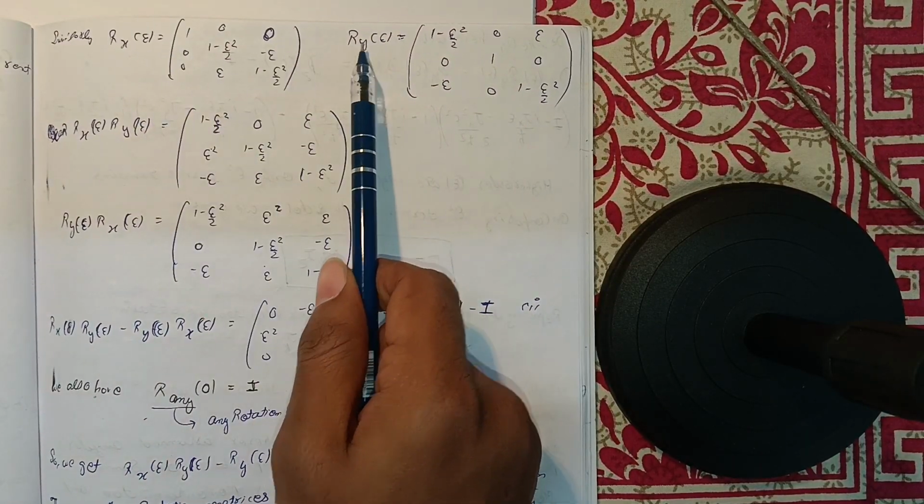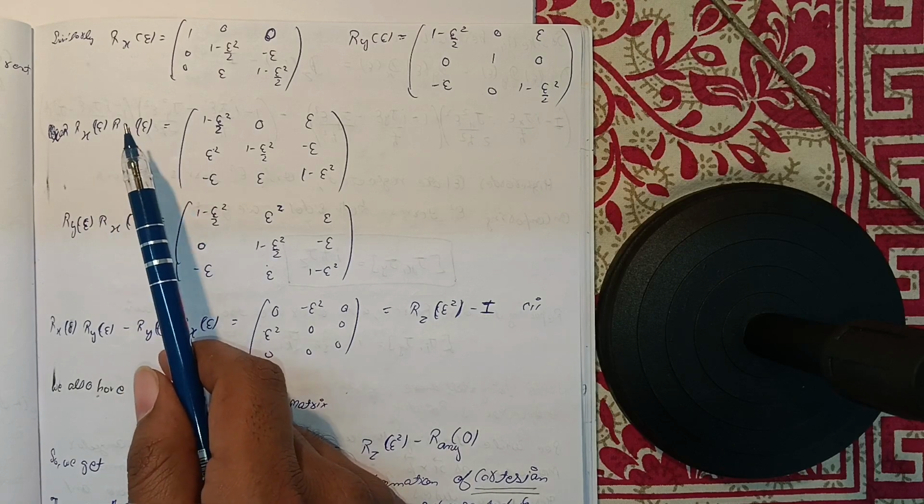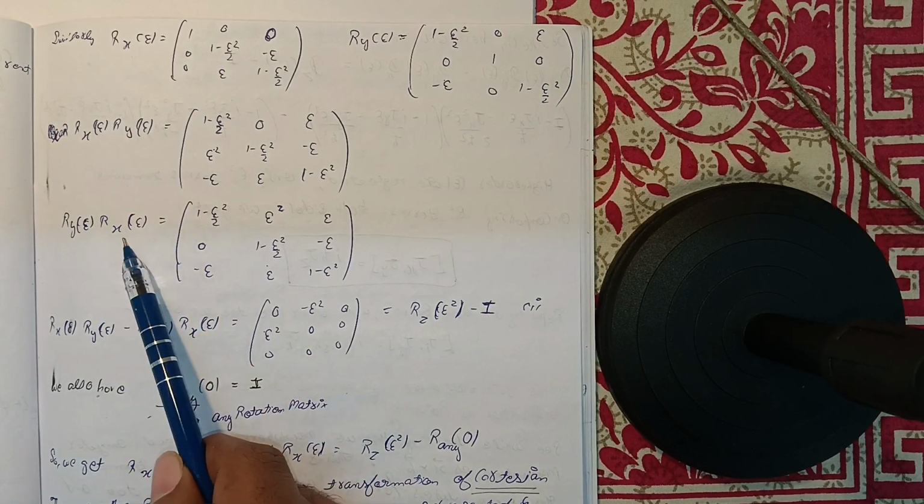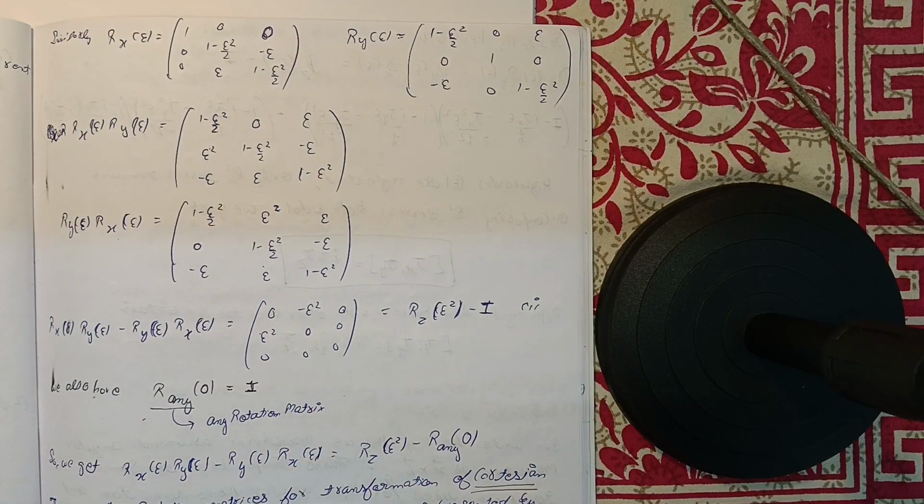You need to multiply these two matrices, and you get this. When you do the reverse, Ry Rx, you get this.